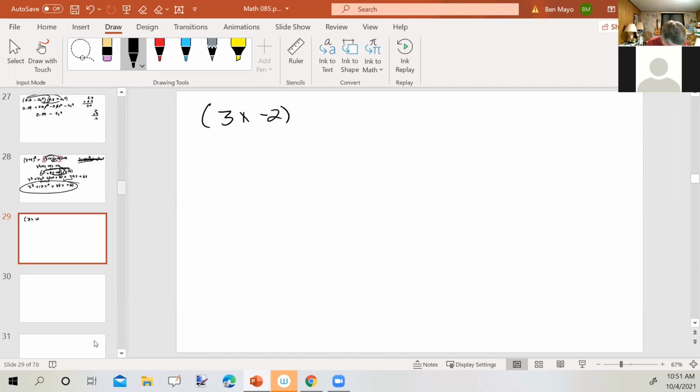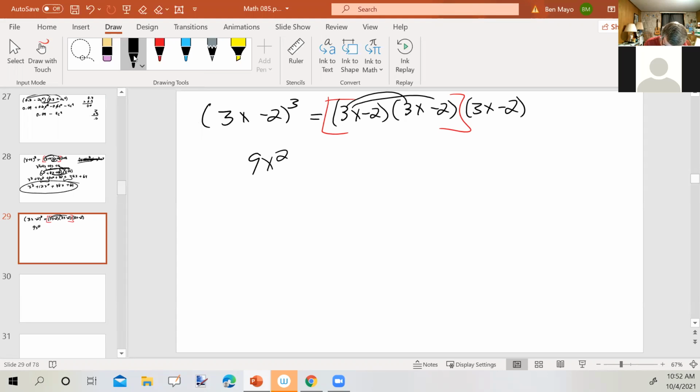3x minus 2, the quantity cubed. So that's 3x minus 2 times 3x minus 2 times 3x minus 2. But we're going to multiply two of them together, take the results and multiply that by the third one. Okay, so this is going to be 9x squared minus 6x minus 6x plus 4, 9x squared, combining like terms, minus 12x plus 4.